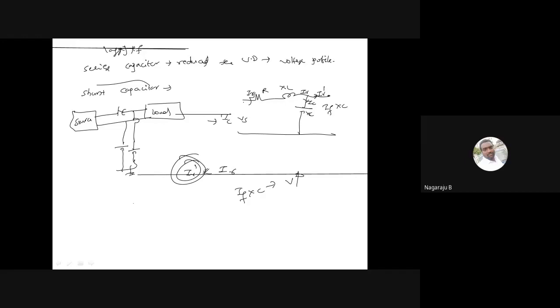So you will use a spark gap with a high speed contactor, which can be used to protect the capacitors under these conditions. Okay, this is about the capacitors.